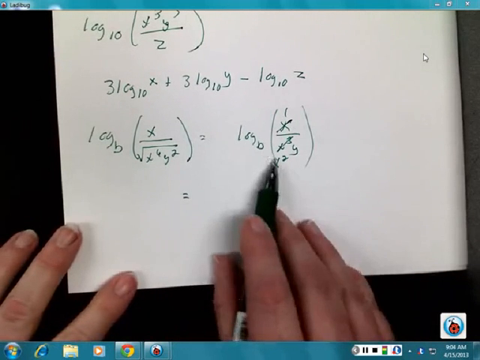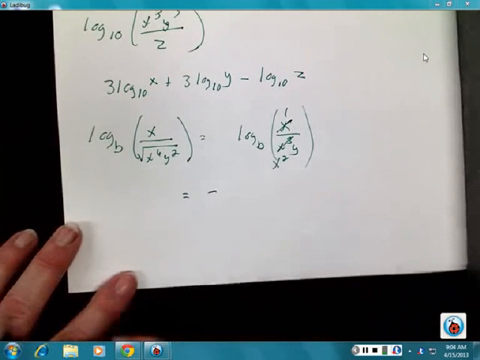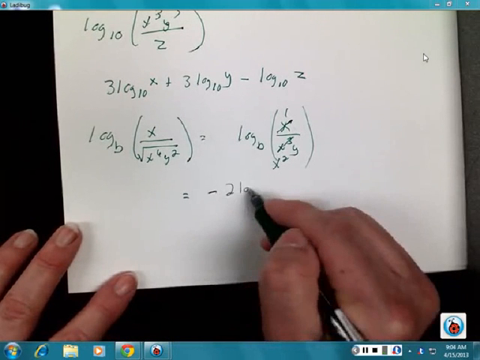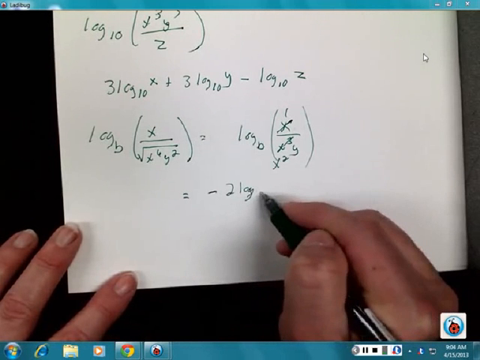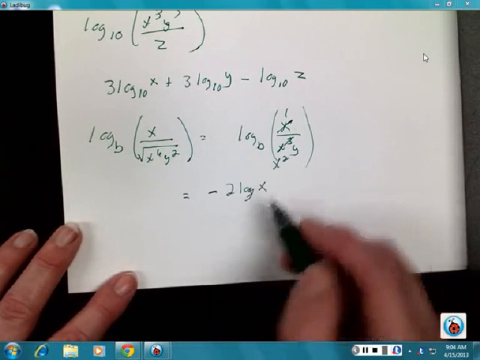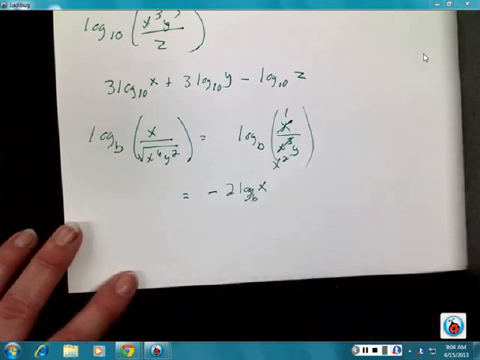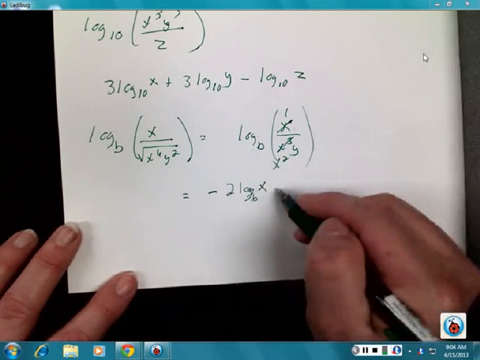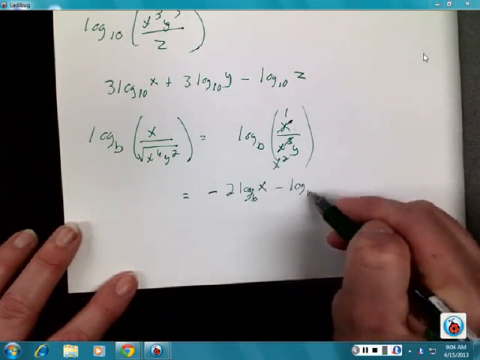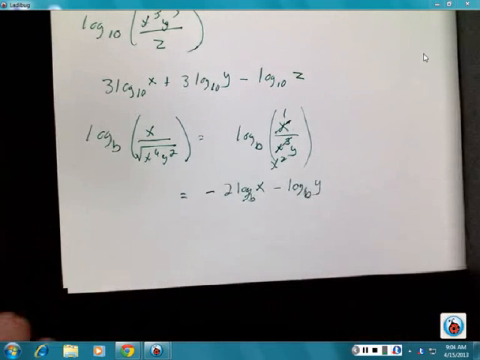But if I go to the bottom, I need a subtraction. So I have 2 log bx, with the b in there, and then I also have minus log by, because those ended up canceling out.